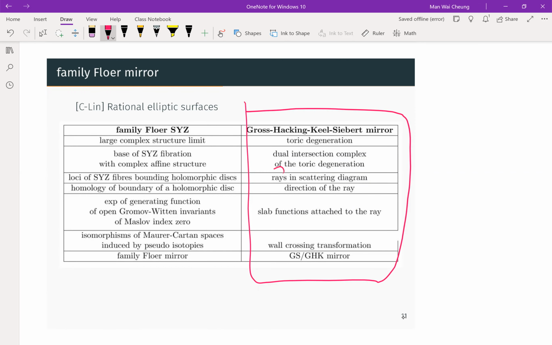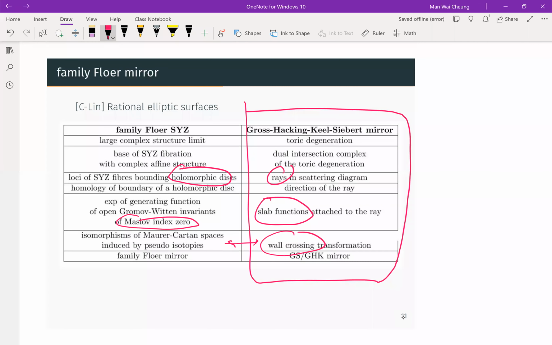We have walls, and we have functions, theta functions, like wall functions, and wall-crossing transformations. And then what we do is we look at Fukaya's construction, and then we identify all these things as holomorphic disks, like the functions, like the A1 curves in the GHK, but then we see them as Maslov index 0 counting.